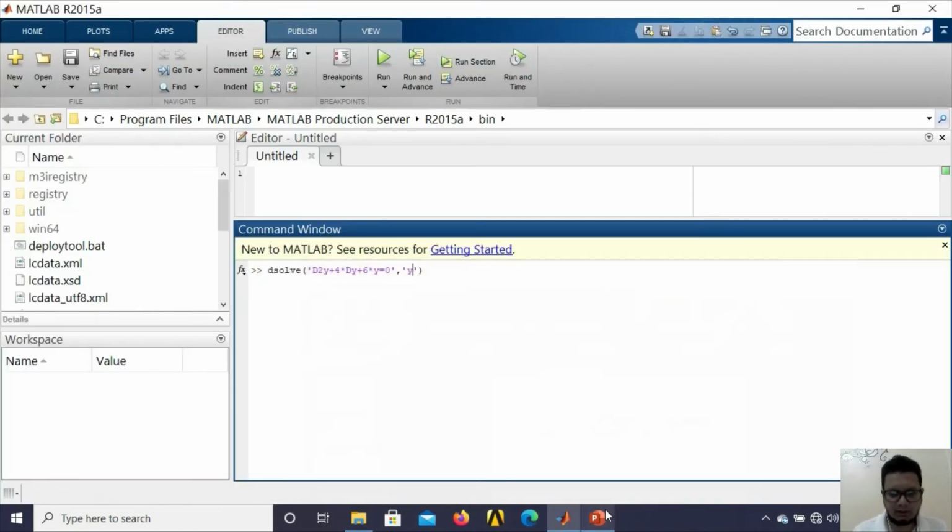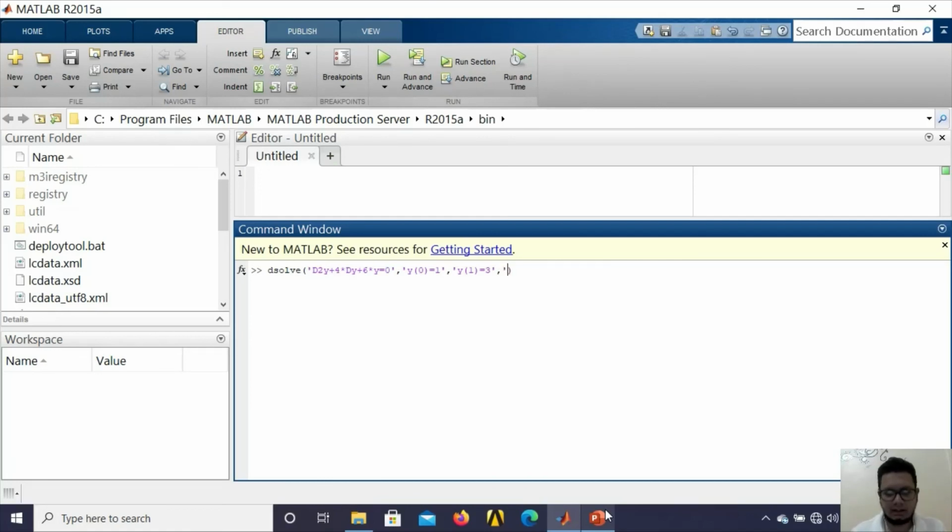I need to give two conditions here because it is a boundary value problem. So y of 0 is equal to 1, and y of 1 is equal to 3. It should be in single quotes.